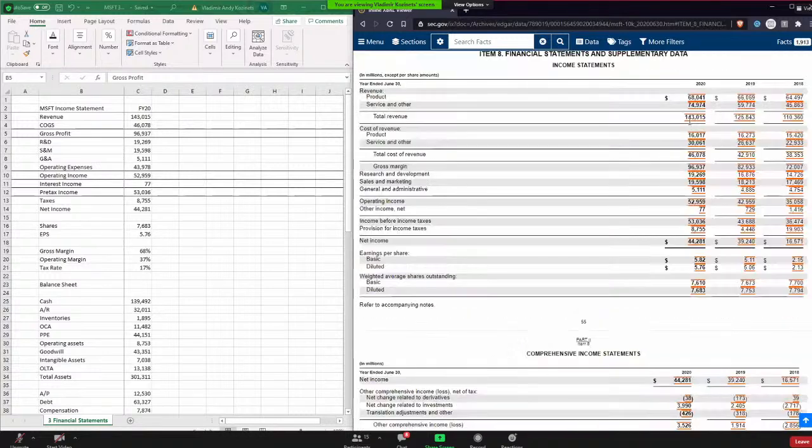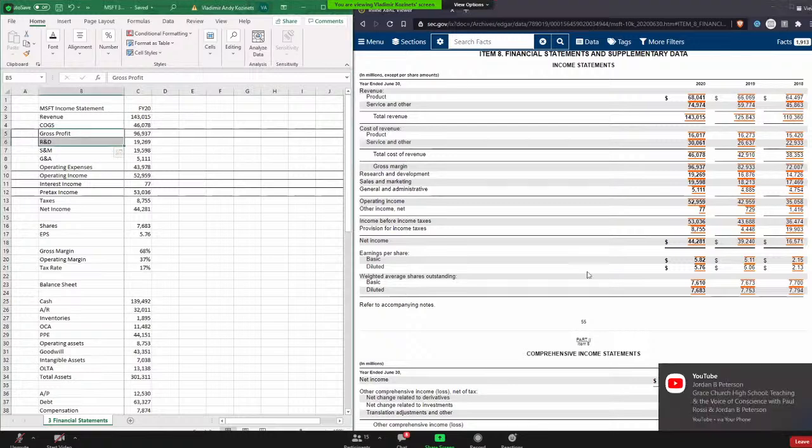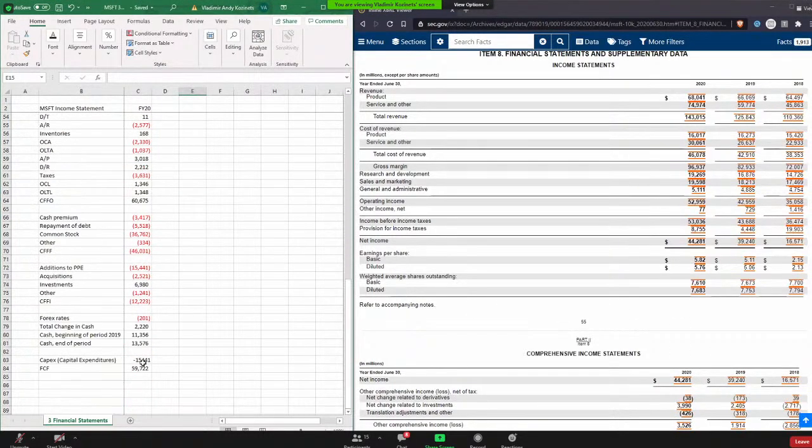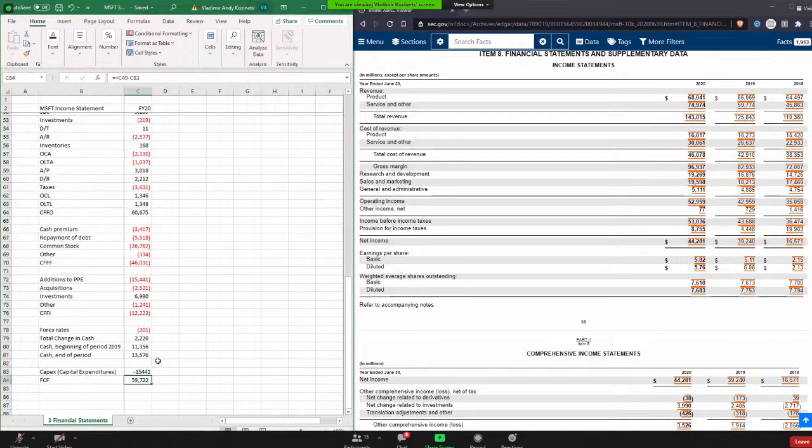And you'll find the historical financials, and you can make models. So we basically put the first 3 financial statements into Excel. That's what we've done here, and we got some interesting things from it, like the capex and free cash flow.